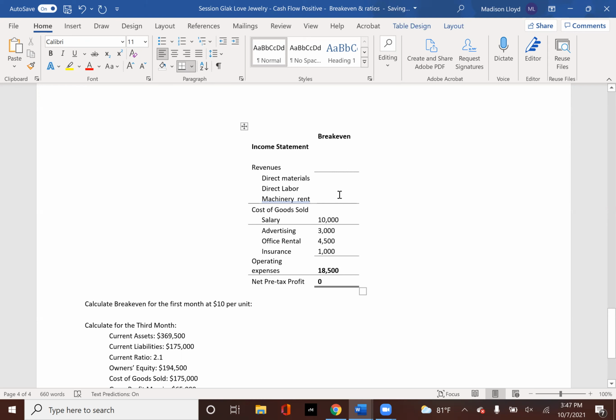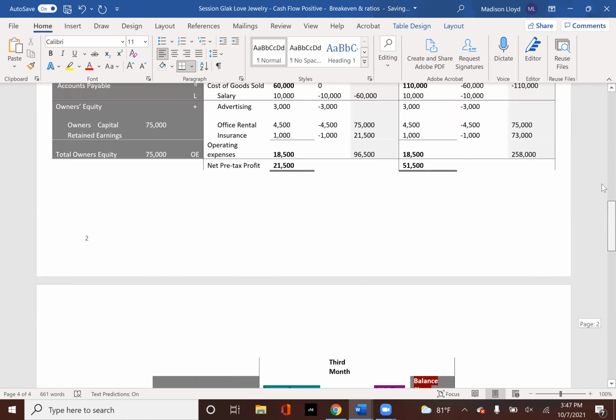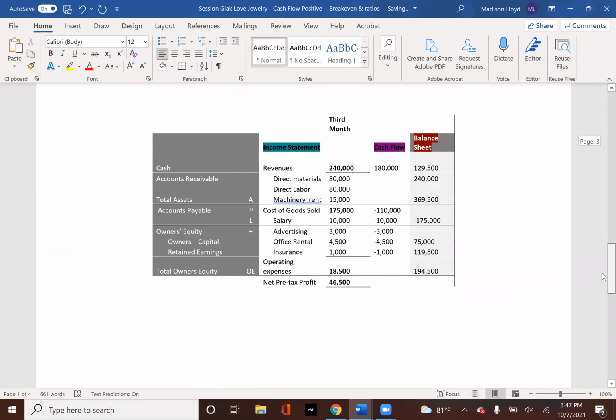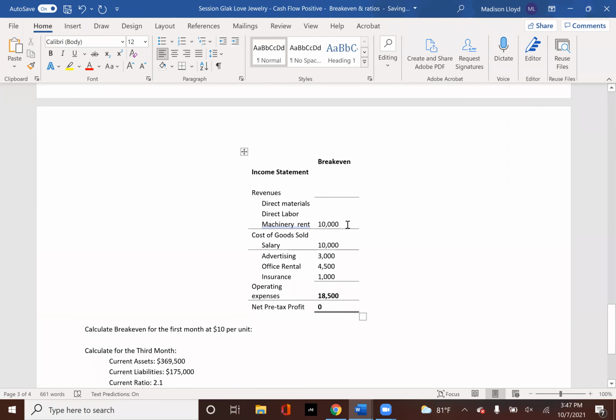Your machinery rent for your first month is going to be $10,000, because that was in our description right here. $10,000 per month. That's constant. It does not vary depending on how many units you make. You always have to pay $10,000 for machinery, regardless of if you create one product or 20 products, you know what I'm saying?